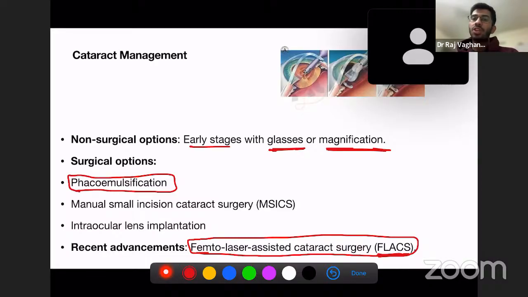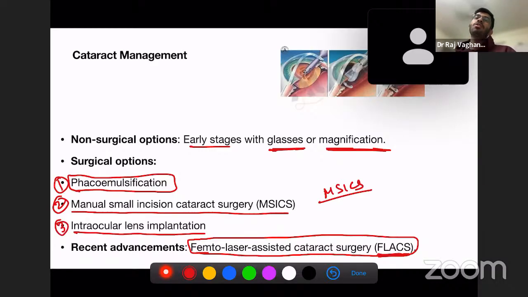Phacoemulsification is the first preferred and the most commonly used process nowadays. The second is manual small incision cataract surgery, also known as MSICS. And third is intraocular lens implantation, which is associated with both of these surgeries.